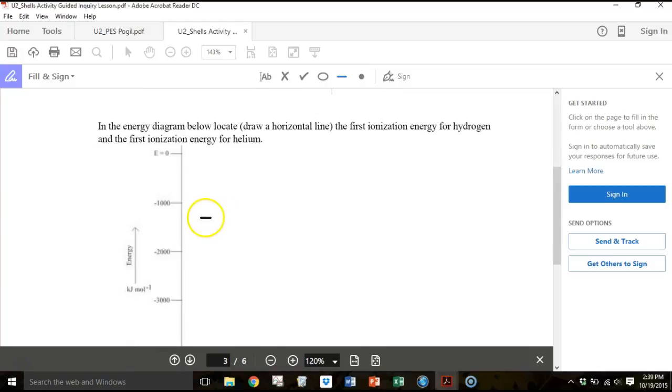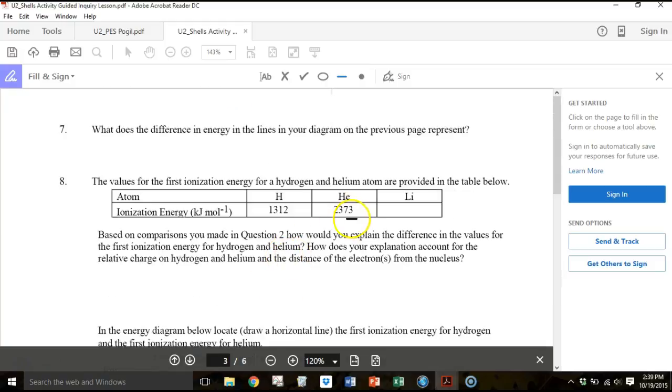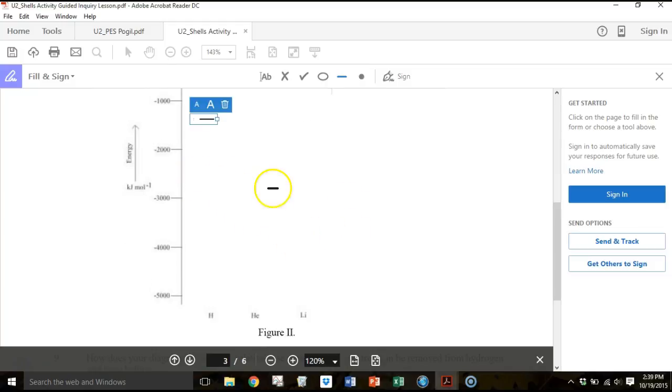So we're going to depict these as negative. So negative 1312 goes right here. That's for the H. For the helium, we said it was 2373, so that's going to be negative 2373, and we'll put that right here.